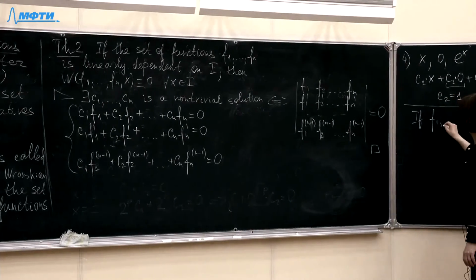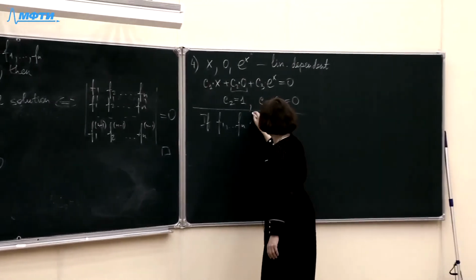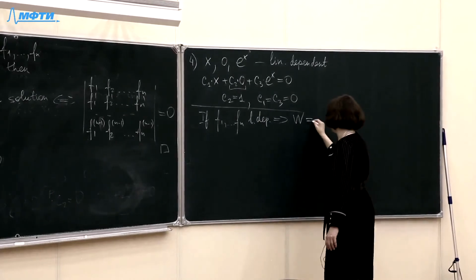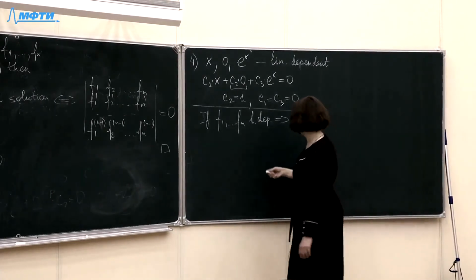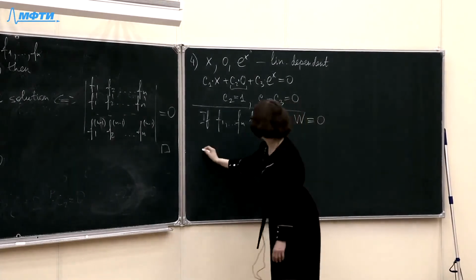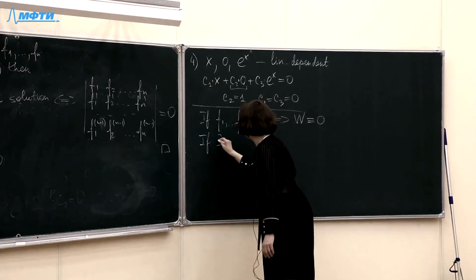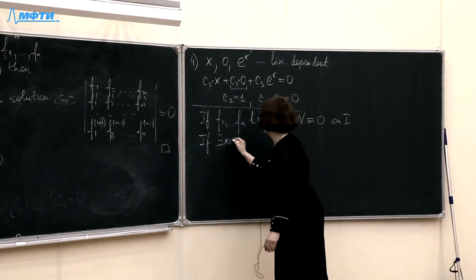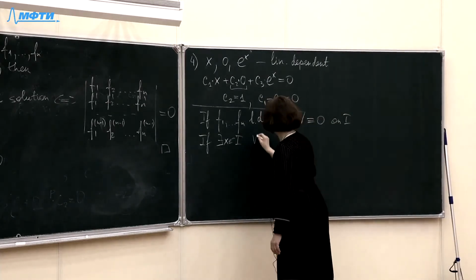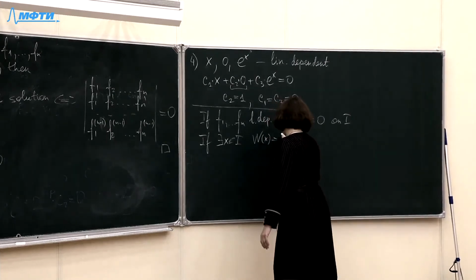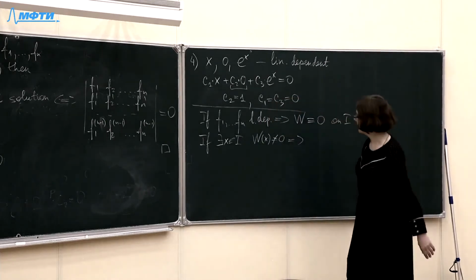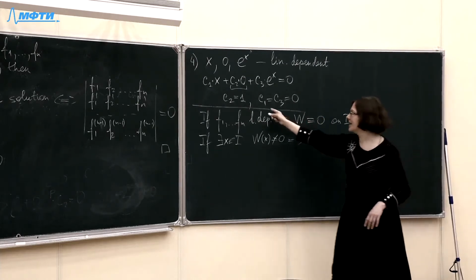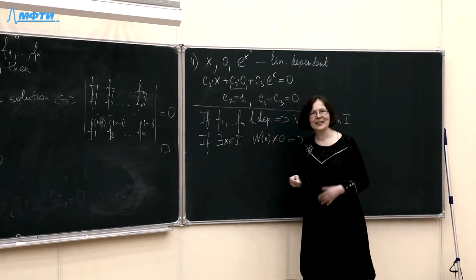If they are linearly dependent, then the Wronskian vanishes identically. Then, if there exists x on I for which the Wronskian is not 0, so the negation of this statement implies the negation of that statement, right?